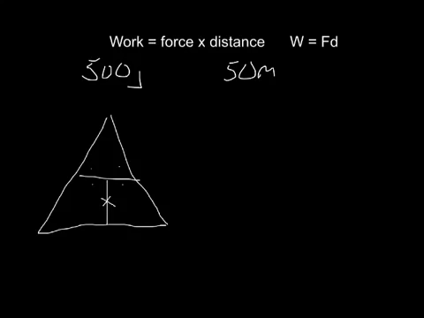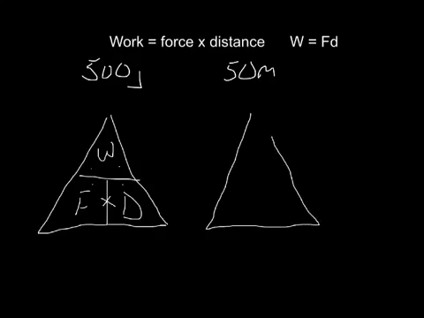So if we were to put work here and then force and then distance here, that would be work equals force times distance. Okay, so let's plug our numbers in to that simple triangle.